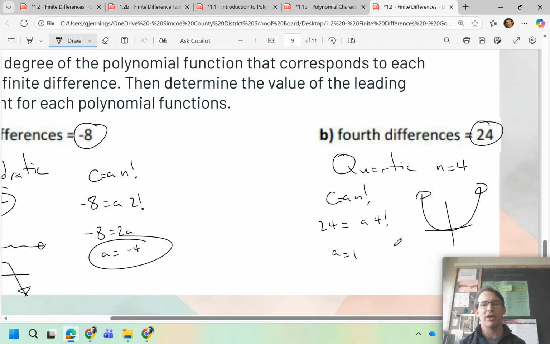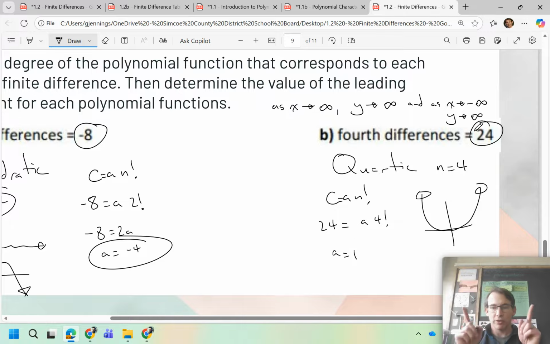We have this type of end behavior where we're going up on both sides. And again, I'll write it out as x goes to positive infinity, y goes to positive infinity, and as x goes to negative infinity, y goes to positive infinity. We are this dance.